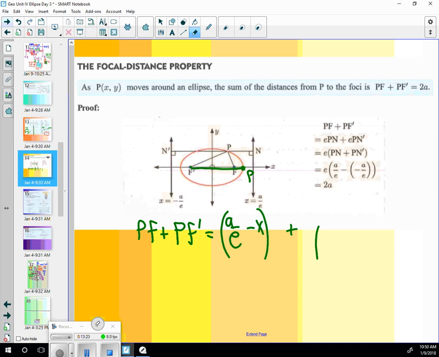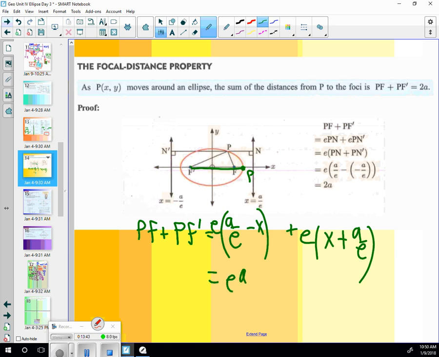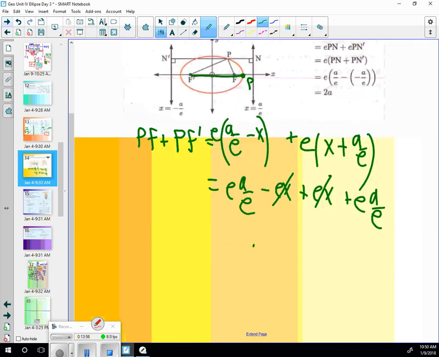It's going to be x minus a negative a over e. And each of these, PF is e times PN, so these will each be times e. Well, you can see that the ex's are going to cancel, and you'll get e times a over e minus ex plus ex plus e times a over e, and the ex's cancel out, the e's cancel out, and you'll get 2a.